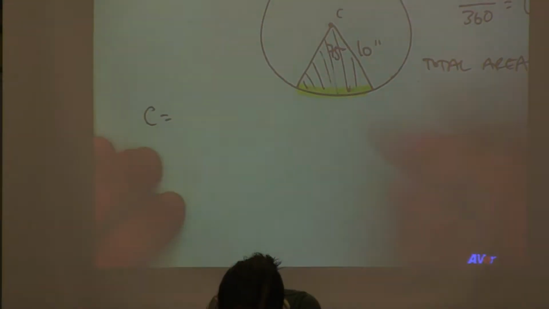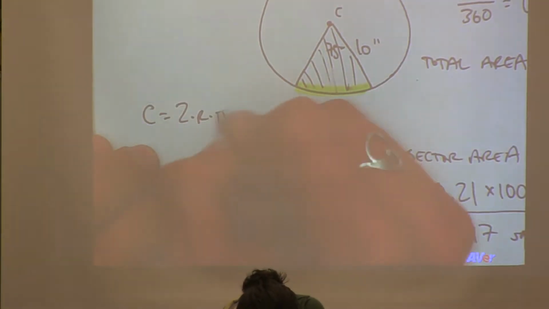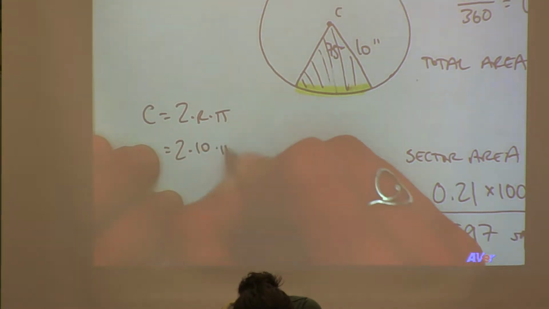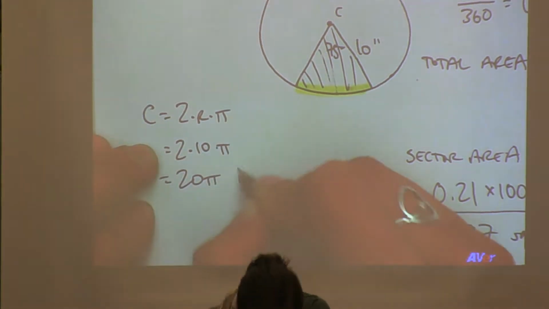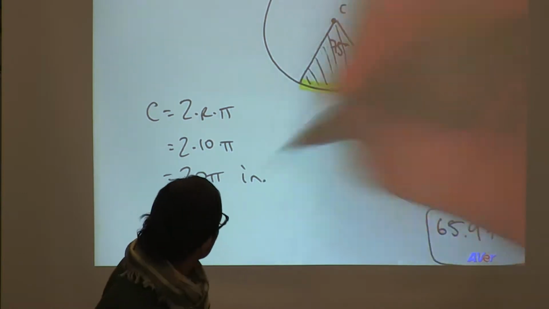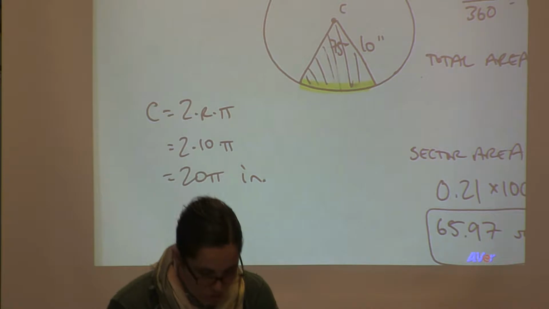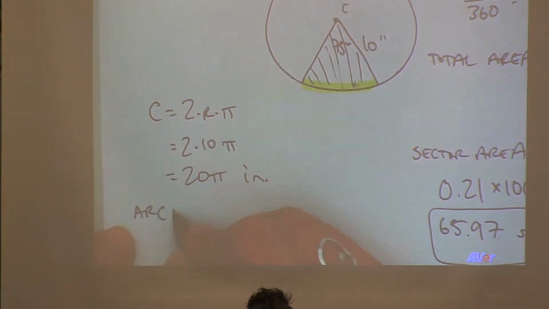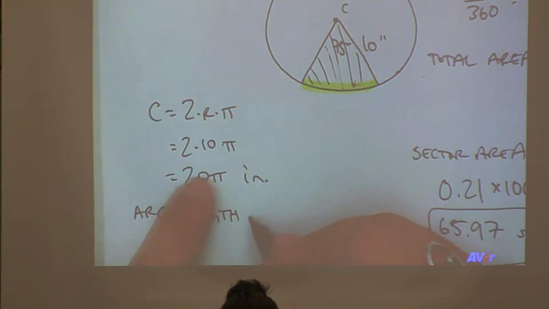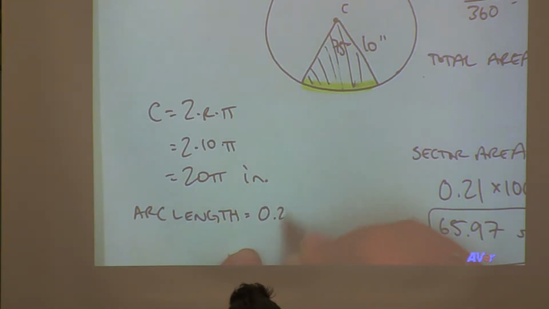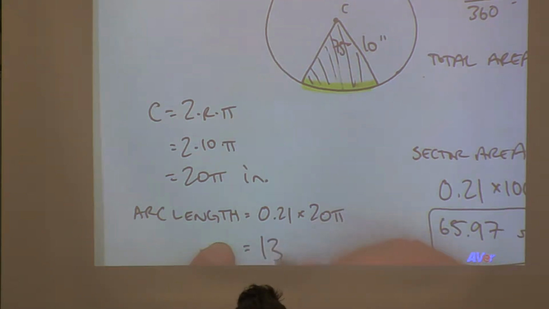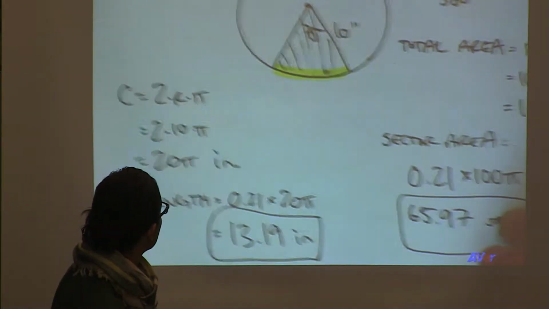Circumference of the whole circle is going to be 2 times r times pi, which is 2 times 10 times pi, which will be 20 pi inches. Not square inches, we're just talking about a length of 20 pi around that whole circle. So then to find the arc length of that green piece, again, it'll be 20% of this 20 pi, so it'll be 0.21 times 20 pi, which will give you about 13.19 inches for the arc length.